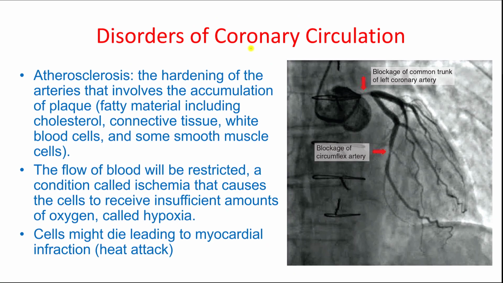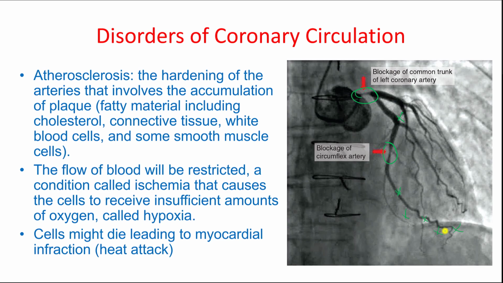Now sometimes those coronary arteries will get blocked because of accumulation of fat or plaque. When those are blocked, we have less oxygen supply to the cardiac muscle cells, which means they are going to die. Those cardiac muscle cells cannot survive without enough oxygen.